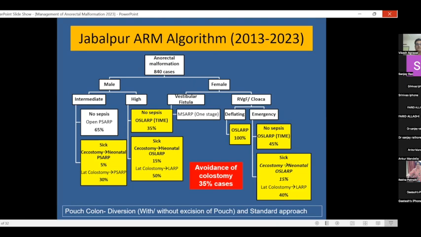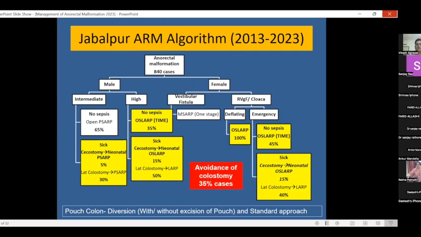And as you can see, in male anorectal malformation, intermediate variety, and there is no sepsis, almost 65% of patients go for open PSARP. Banaras Hindu University is one of the centers in India which is a master in this particular surgery. And if there are sick children in an intermediate ARM, then 5% of our patients go for neonatal PSARP, delayed PSARP, while still 30% of patients undergo a lateral colostomy.